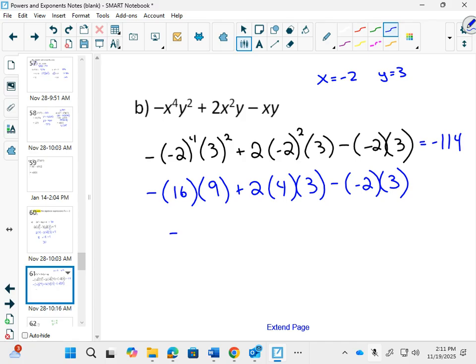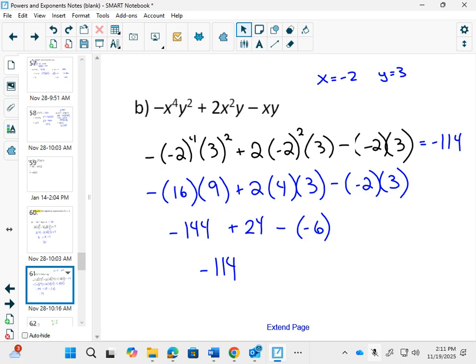This one will be negative 144, plus 24, plus 6. Oh, sorry, minus. Reduce. Negative 2 times -3 is negative 6. And then you can add these together and we get negative 114.